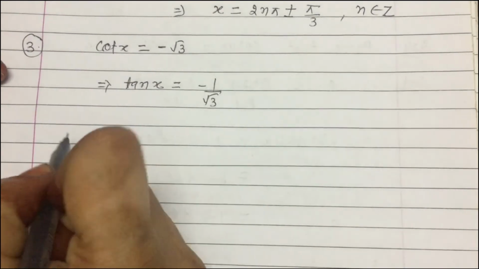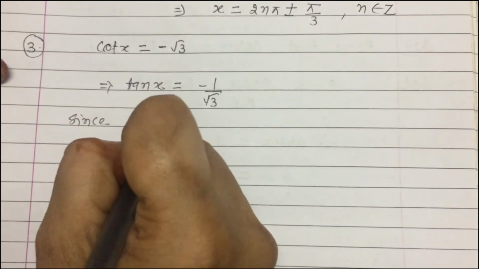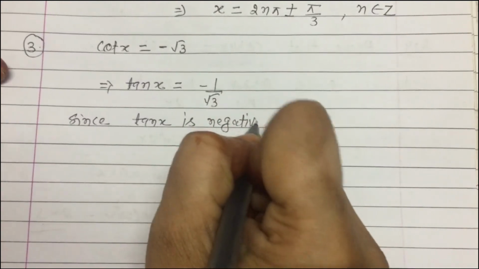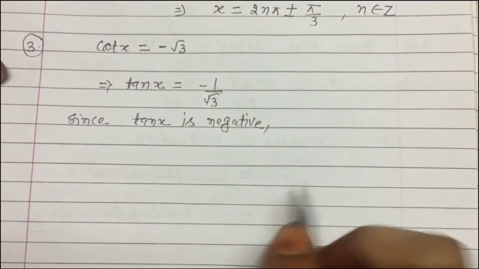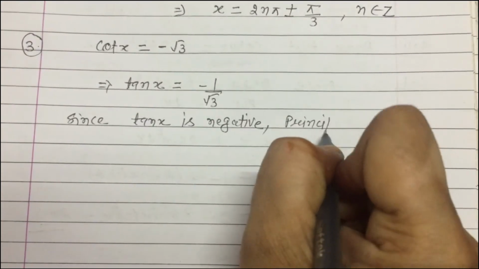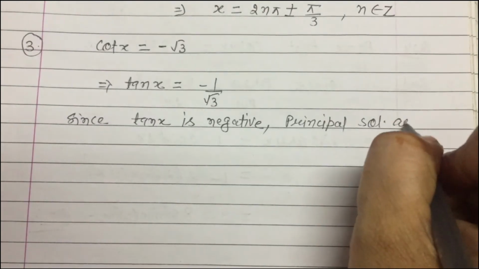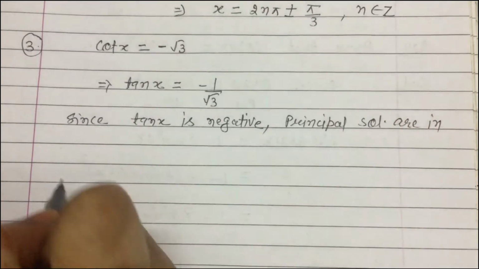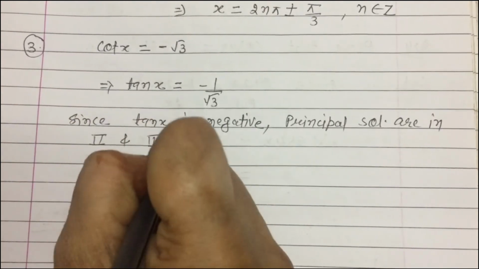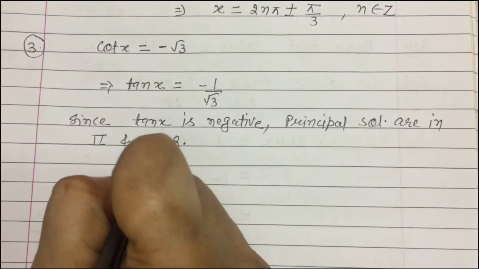Now here, since tan x is negative, it means the principal solutions are in the second and fourth quadrant. Okay, and now find the solution.